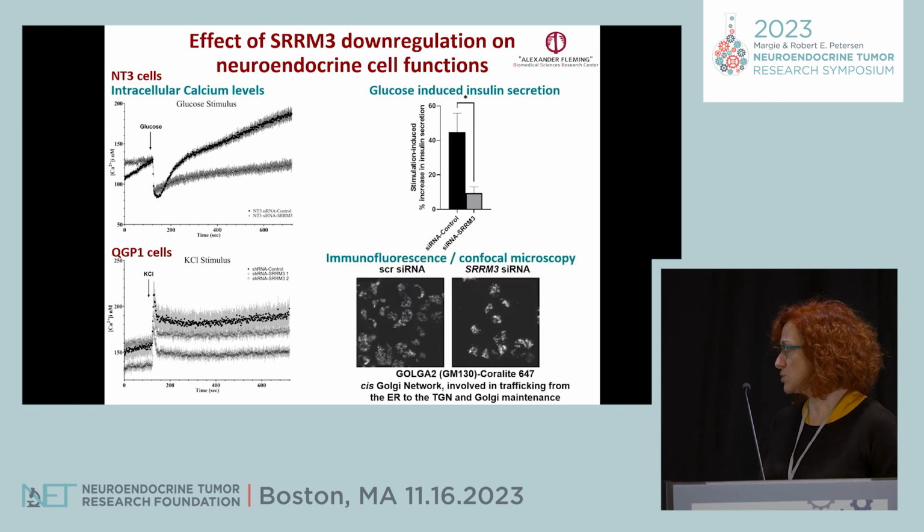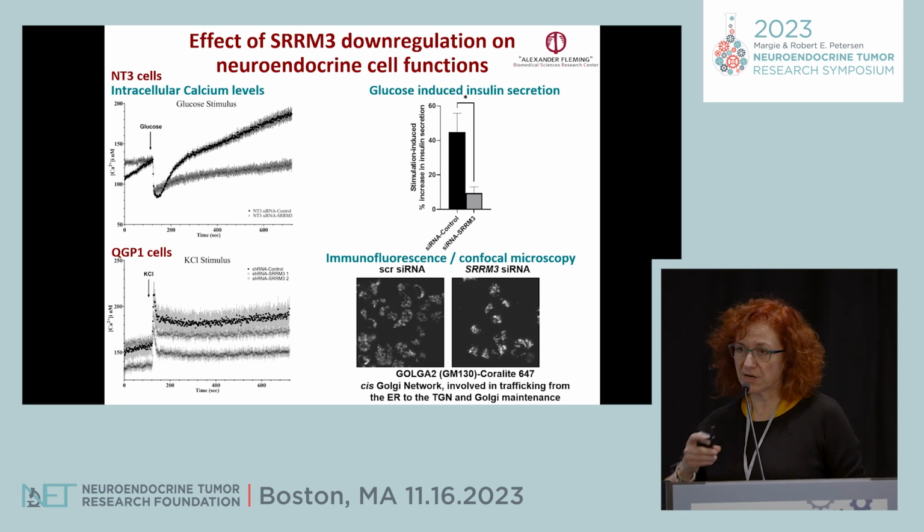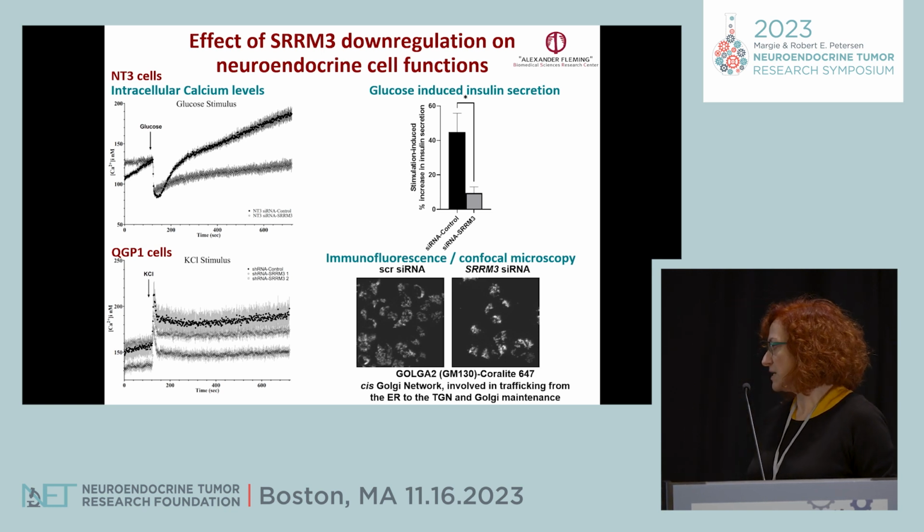We also wanted to check what's happening in the actual vesicle trafficking machinery, and we saw that upon SRM3 downregulation, we see a significant difference at the Golgi network, as you see here.